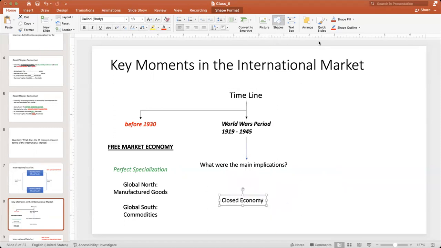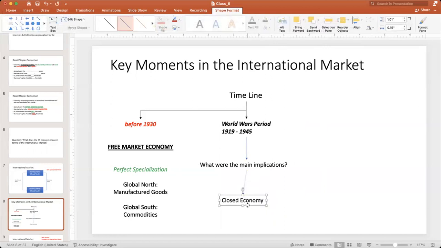In fact, for a cool piece of knowledge, this is the first time the economists knew this concept, the idea of a closed economy, because before 1930, the world was very open and highly specialized.